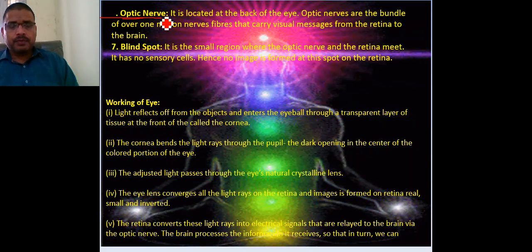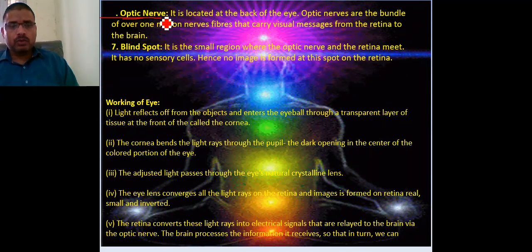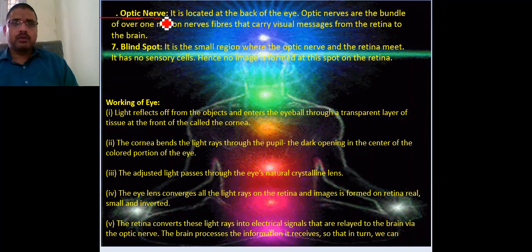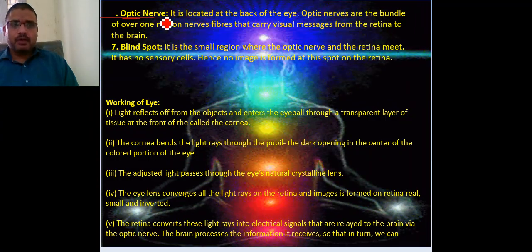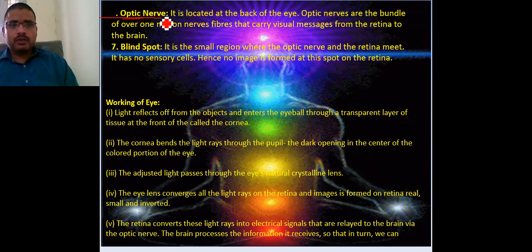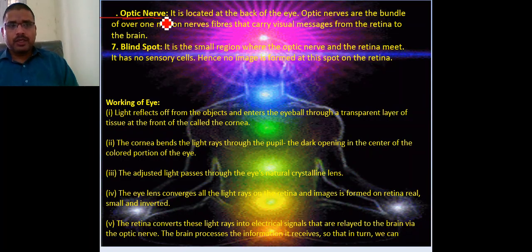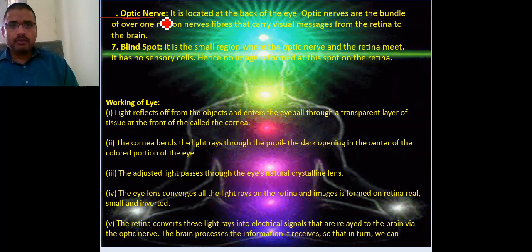The optic nerve is directly attached to the brain, and this information is provided by the optic nerve to the mind, by which the mind observes the image of that object in its original form. So, retina to brain, this is what I want to tell you here.